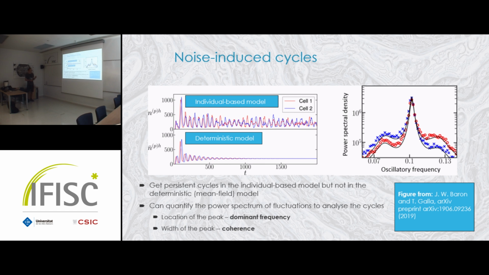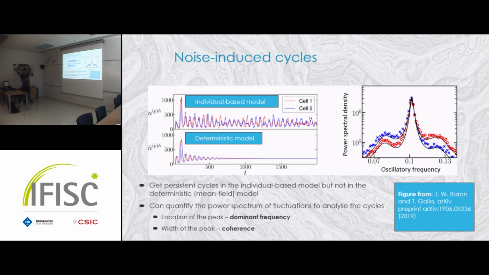Now this is really important. Because we want our genetic oscillations to be a viable clock in our clock-wavefront mechanism, we have to have regular persistent cycles in our gene expression. So it's quite nice that we get these cycles in the individual-based model where we don't in the deterministic model. So we need to include the intrinsic noise here.